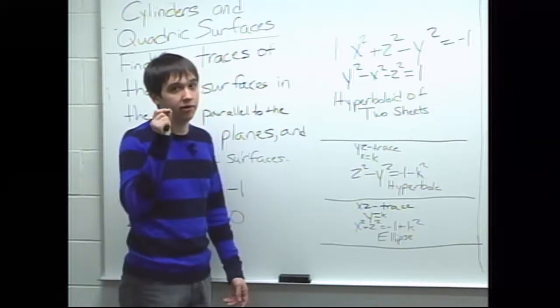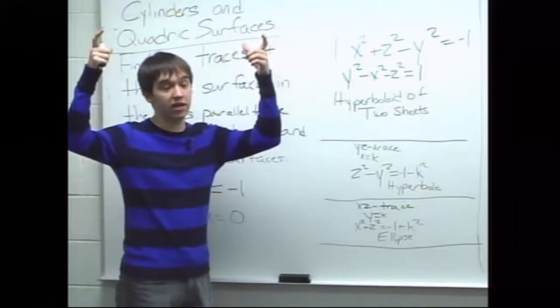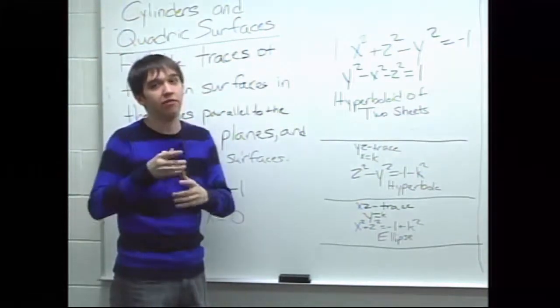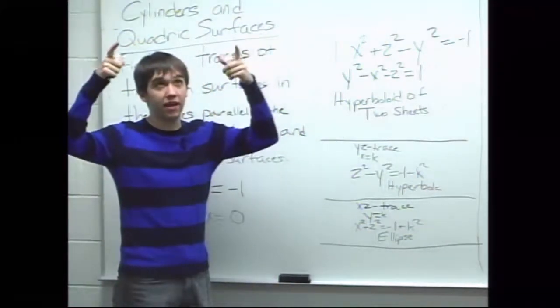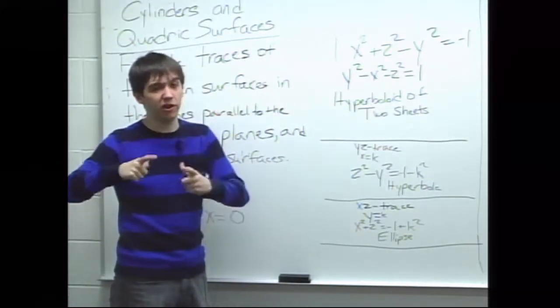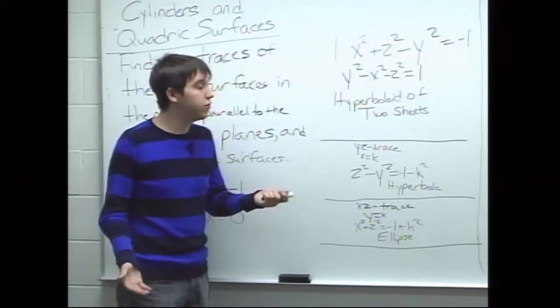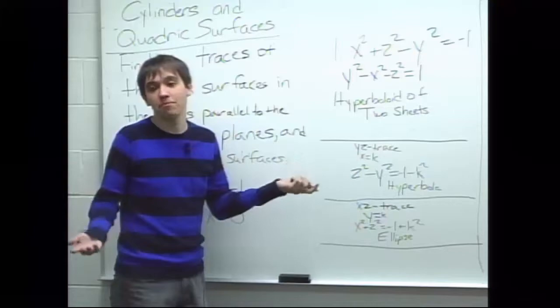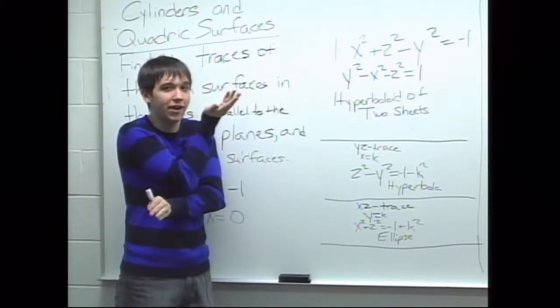So when k equals 0, there's just one point that satisfies it, which makes sense. The cone narrows down to a point, and then it starts widening back out again. A hyperboloid of one sheet narrows down to a small ellipse, and then it starts widening back out again. And a hyperboloid of two sheets just looks very strange. It looks like two hyperbolas switching like that.